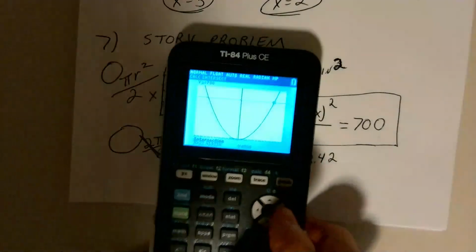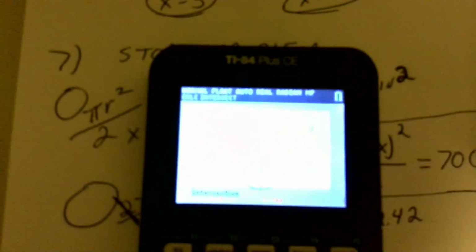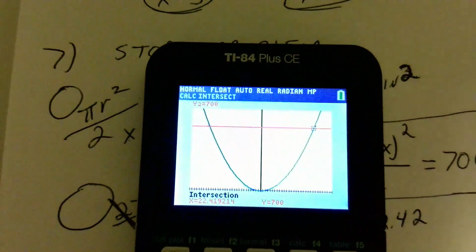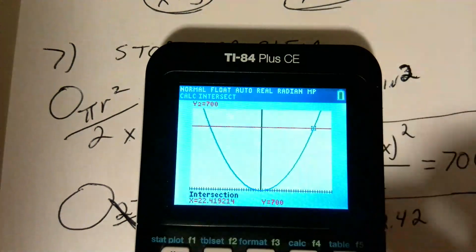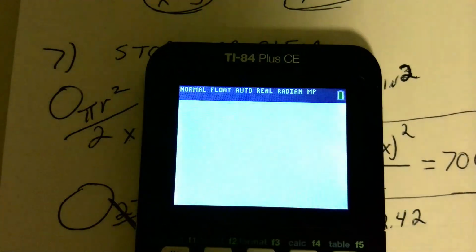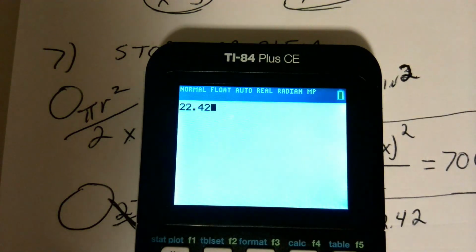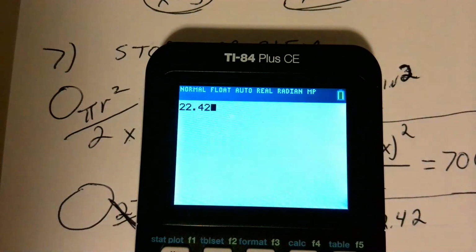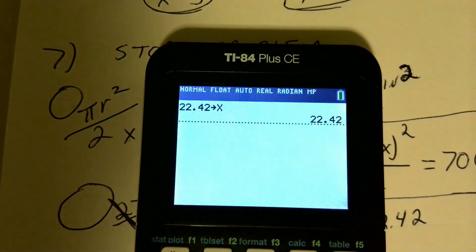So here's how I would do it on my calculator again. We are so close to being done with this video. Hopefully you're taking great notes on this. I'm going to go to my home screen and put in that 22.42 and store it in X. Hit enter.